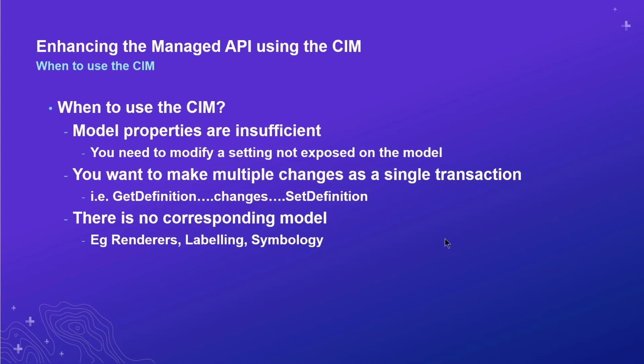So you use GetDefinition to get the CIM, you make the changes, and apply them as a single transaction using SetDefinition. Lastly, if you have no corresponding model wrappers, you have no choice and you have to use the CIM. Examples are renderers, labeling, and symbology.